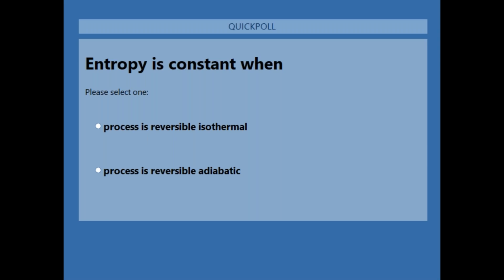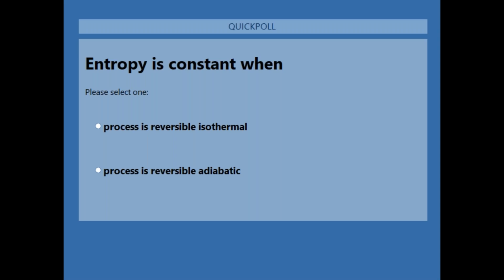So sizable students are making mistakes in this. I had explained this very clearly in this lecture: when you are talking about a reversible isothermal process, then the entropy might increase or decrease depending upon the direction of heat transfer.